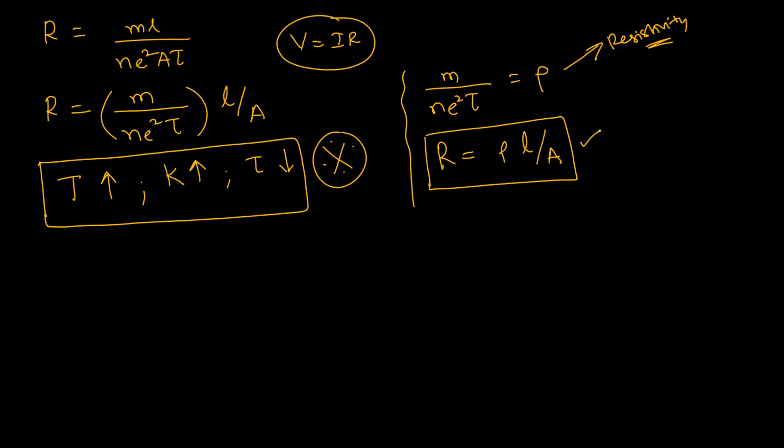Now if you observe, since rho is equal to m divided by n e square tau, resistivity also depends on temperature, because resistivity is going to change with respect to the relaxation time. So tell me what is going to happen. When the temperature increases, kinetic energy will increase, relaxation time will decrease, as a result of which resistivity will increase.